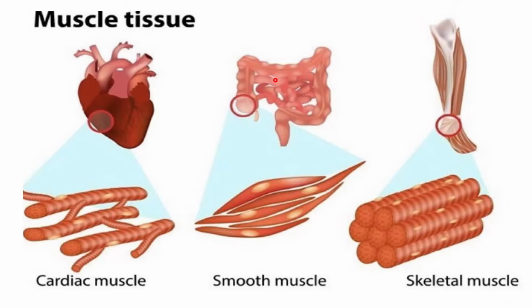Those smooth muscles enable peristalsis, migrating motor complexes, those movements that happen every 90 minutes, and processes such as churning that happen in the stomach. All those movements in the digestive system are due to smooth muscles.